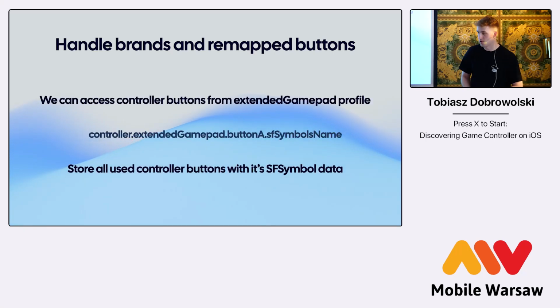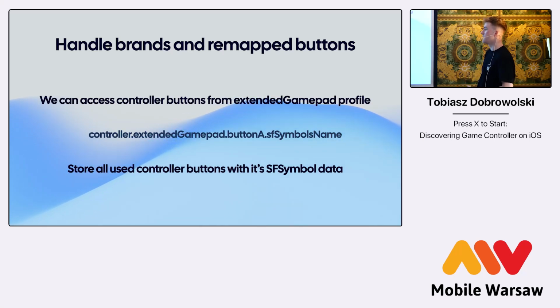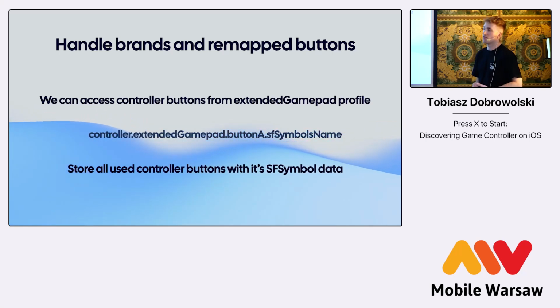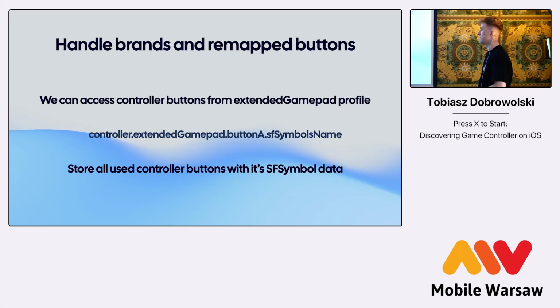We can go with this code that will get the SF Symbol name that we can use in the image, and it's very great because SF Symbols support all the buttons for the Xbox controllers, for the PlayStation controllers, and a unique one that has no brand, which is very good, and I was quite surprised that it works very well.